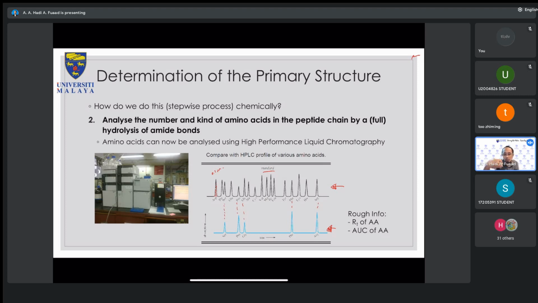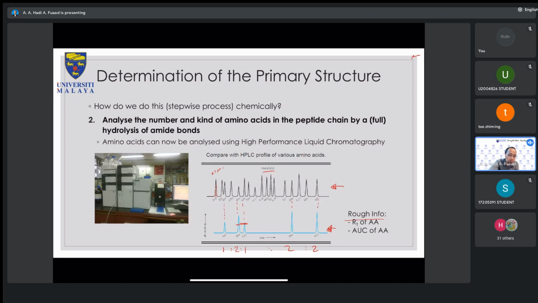And of course, if you control the concentration, you can know, for example, that the area under the curve is relatively half the amount of proline. So from here, you can expect a ratio of 1 to 2 to 1 to 2 to 2. Okay, so this is a rough estimate. But again, you will not know the sequence, but at least you do know what the constituents are of the peptide or proteins that you have analyzed.